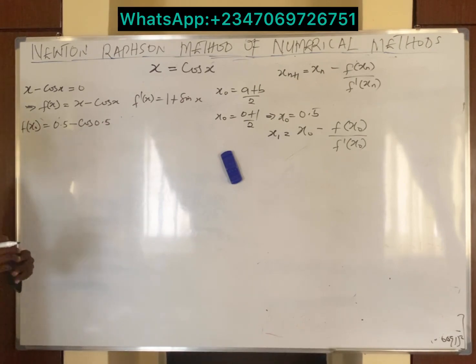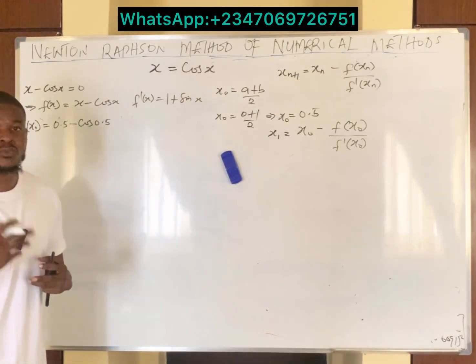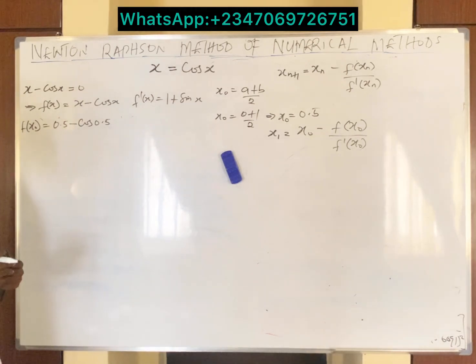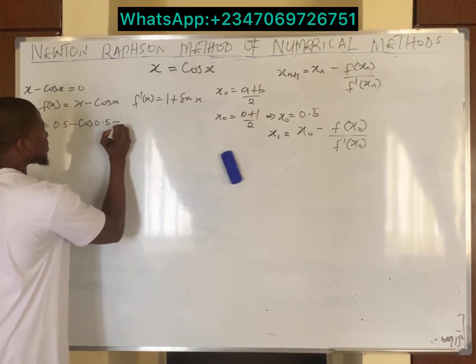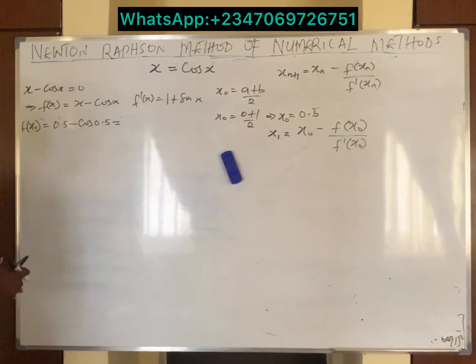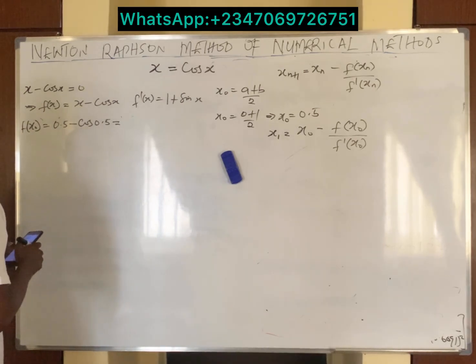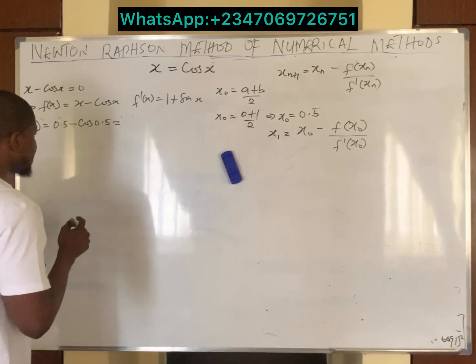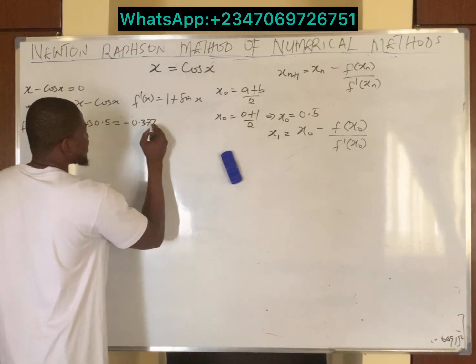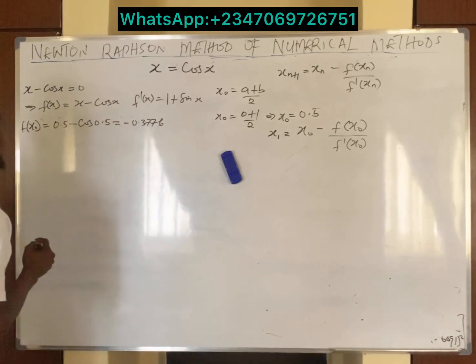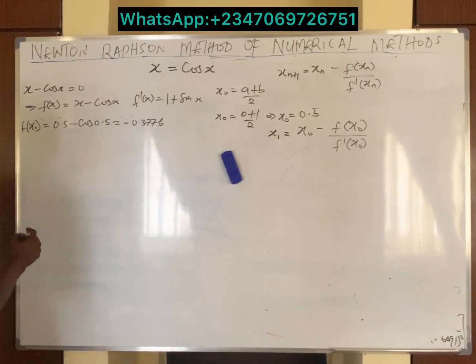So I'm going to punch everything all together just to save time. Do well to punch along to avoid calculation errors. So f of 0.5 simply gives us, let's find the value, 0.5 minus cos 0.5. That simply gives us negative 0.3776. Okay, so I have f of x naught to be negative 0.3776.